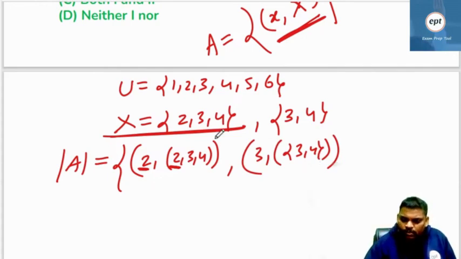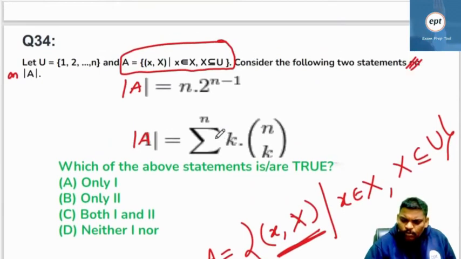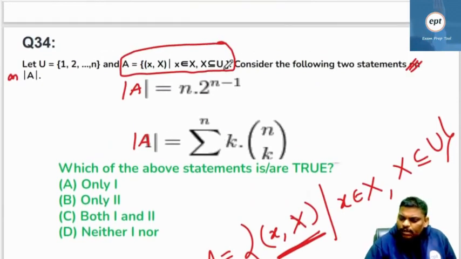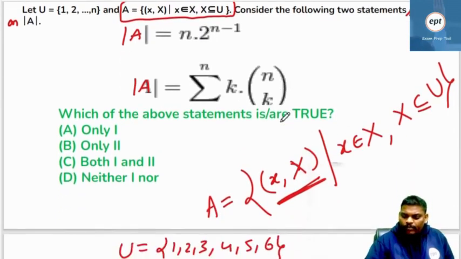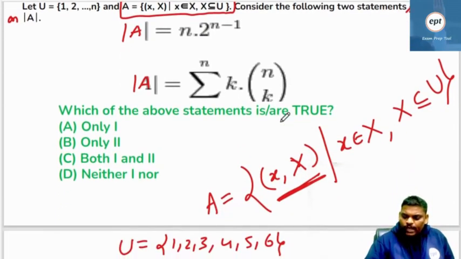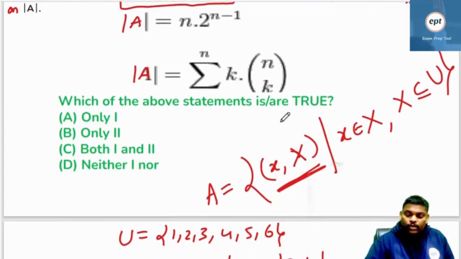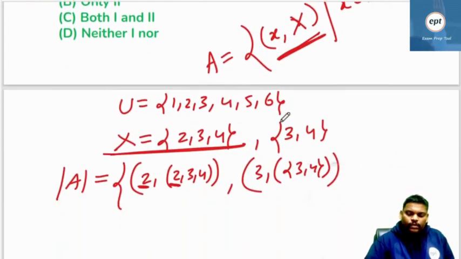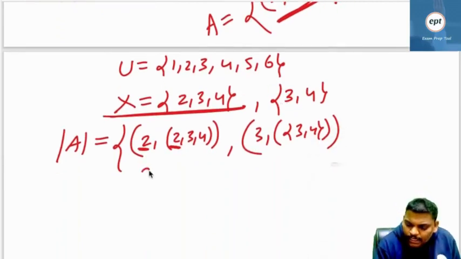And one more thing, if you observe the problem clearly: X is a subset of U and X belongs to A. Remember, X should have it. X should have the fixed element, but it cannot be like this one, 2, 3, 4 you cannot write.